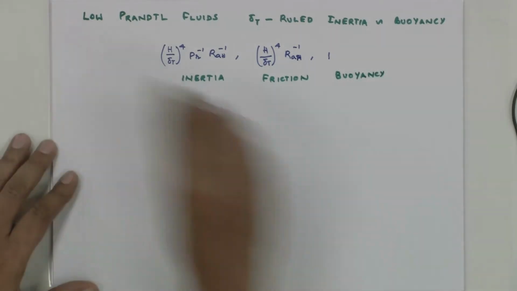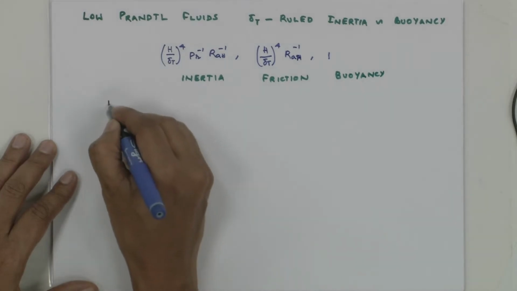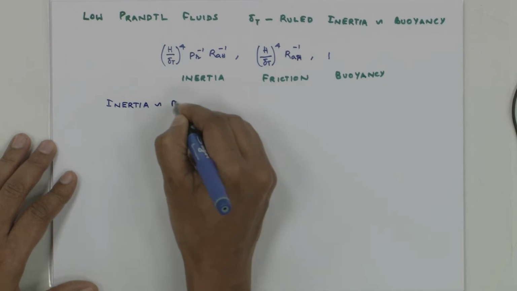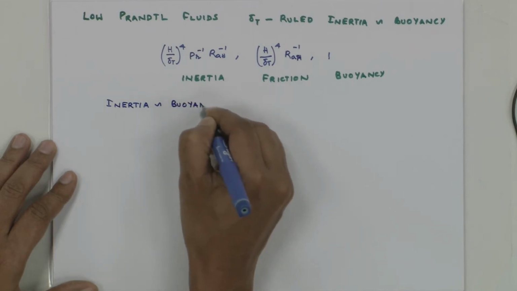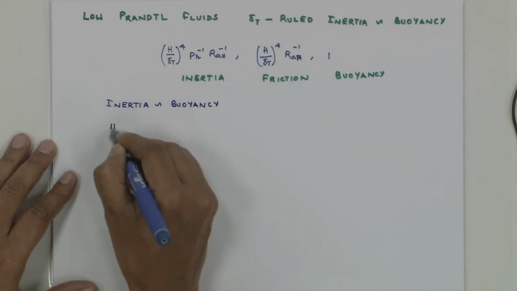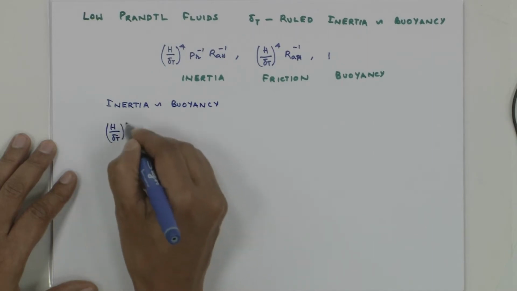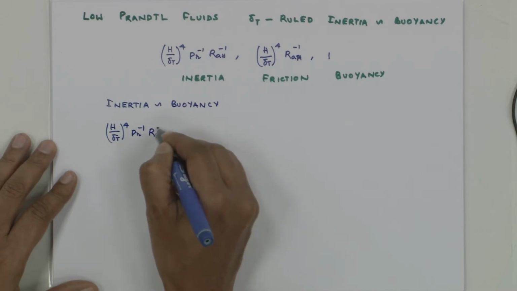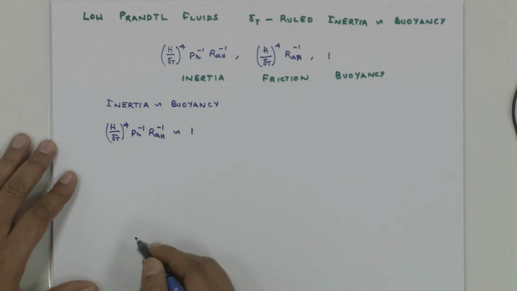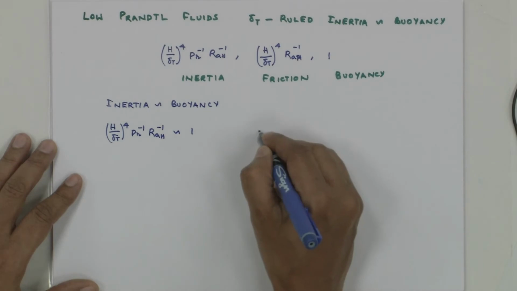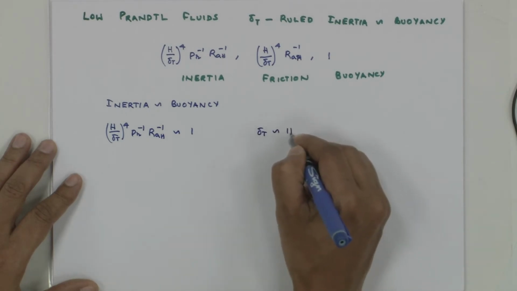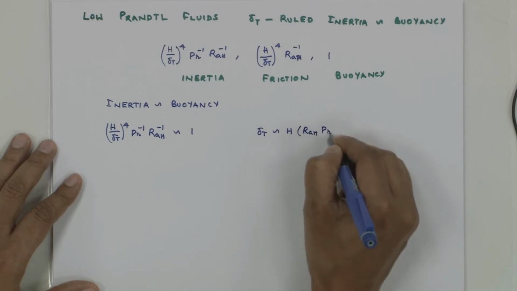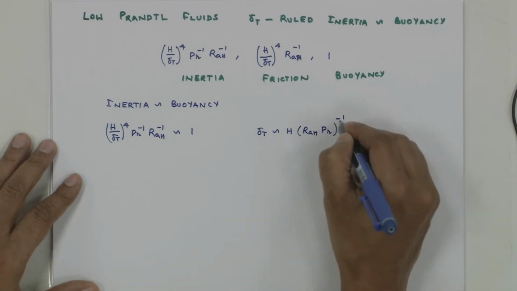Now we are saying that inertia is balanced by buoyancy. If that is true, inertia, h by delta t to the power of 4 Prandtl to the power of minus 1 Rayleigh number to the power of minus 1, is of the order of 1. So you get delta t is of the order of h Rayleigh into Prandtl to the power of minus 1 by 4.